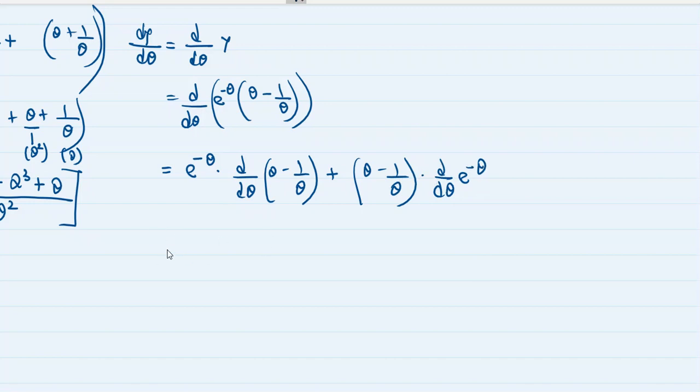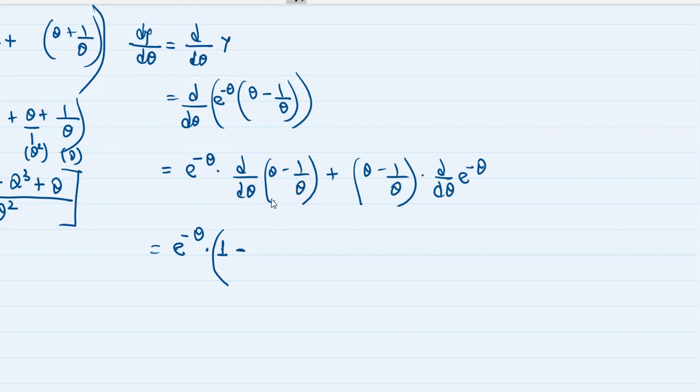Okay, let's simplify this. e raised to minus theta multiplied by d by d theta, let me keep it in bracket. d by d theta of theta is 1 minus d by d theta of 1 by theta.